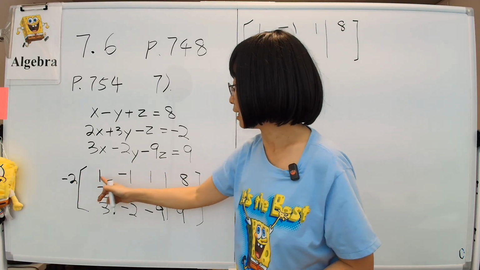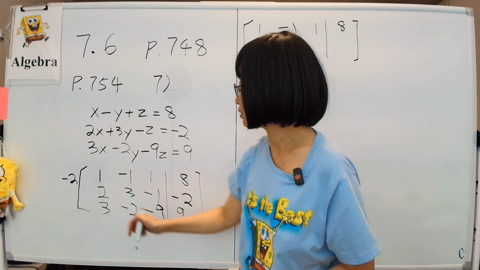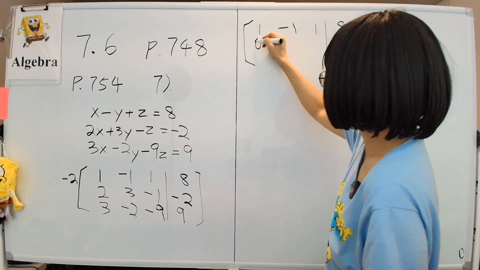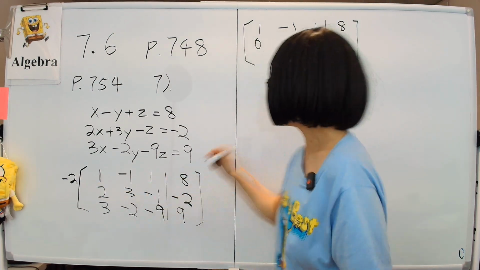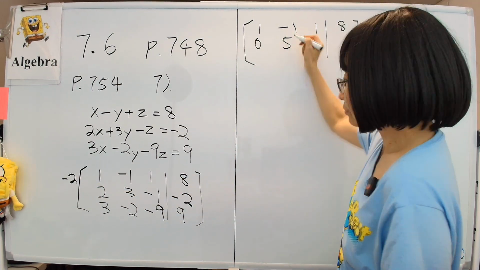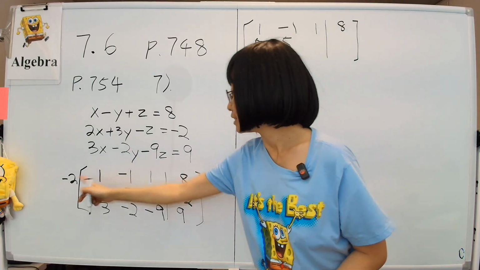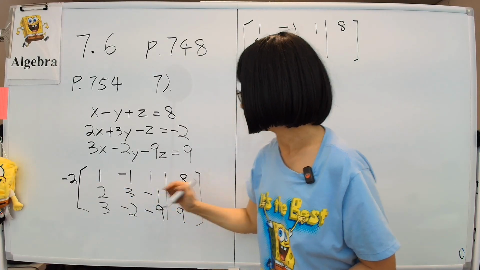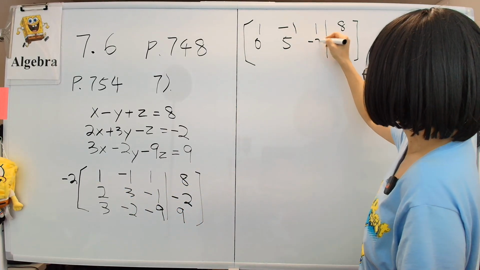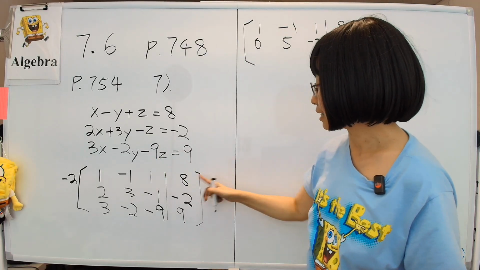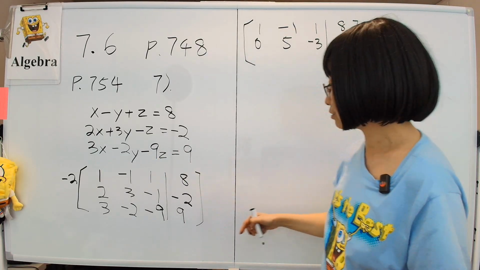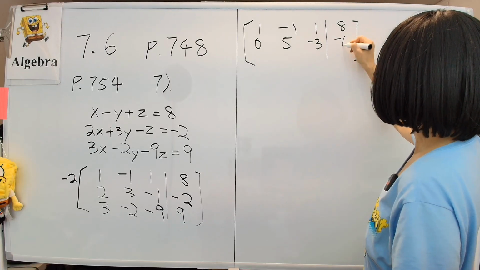So minus 2 times 1 plus 2 gives us 0 as expected. Minus 1 times minus 2 is positive 2, plus 3 is 5. Then 1 times minus 2 is minus 2, minus 1 is minus 3. And finally, 8 times minus 2 is negative 16, minus 2 is minus 18.